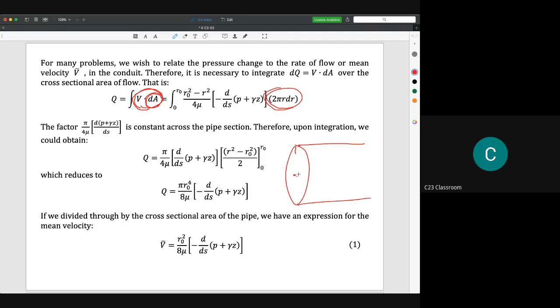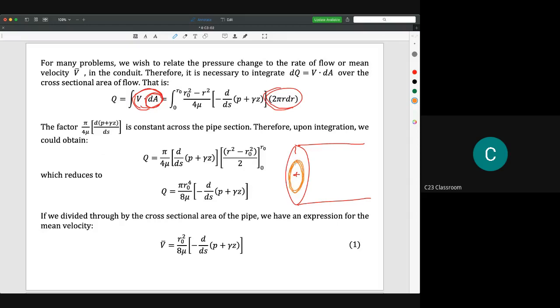Okay, so if this is the center point, the area that has the same velocity is actually in a ring condition like this one.